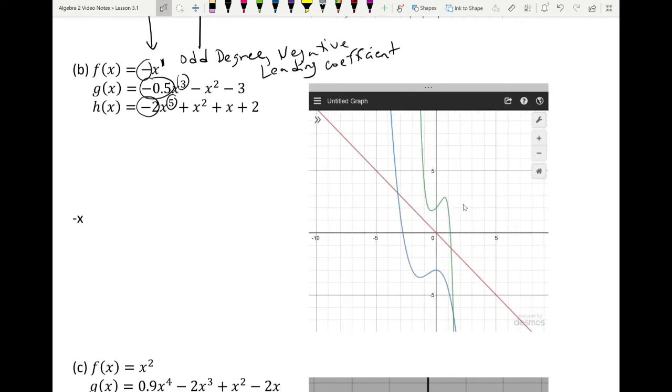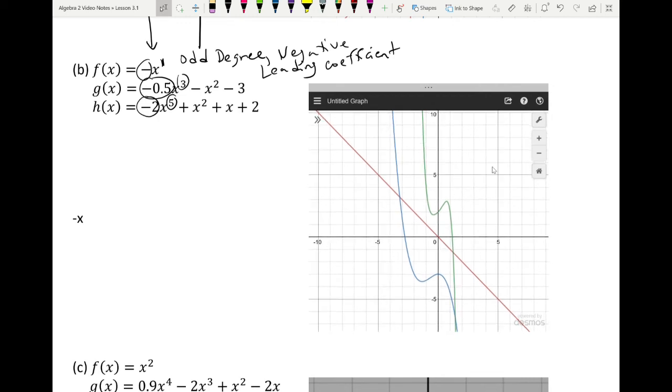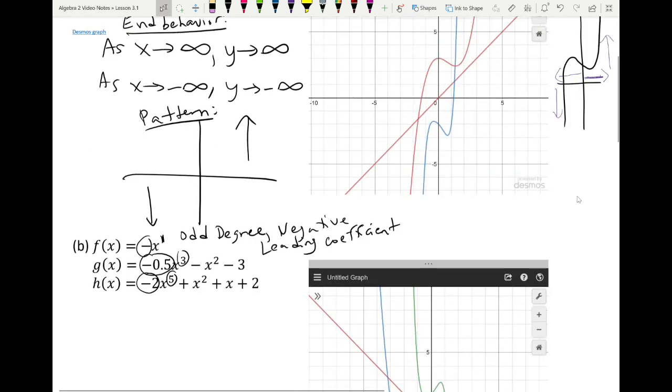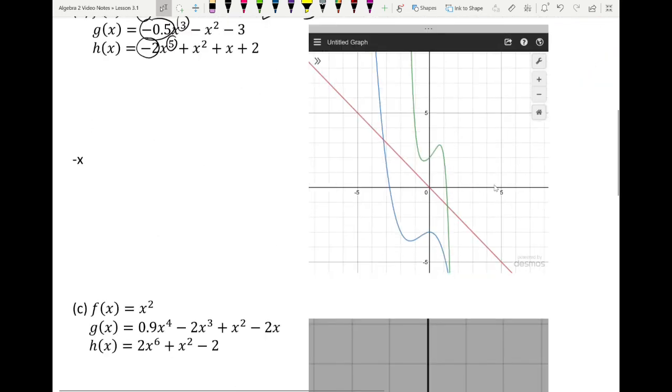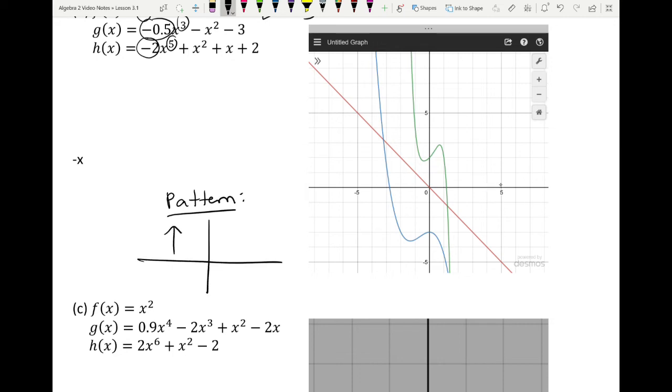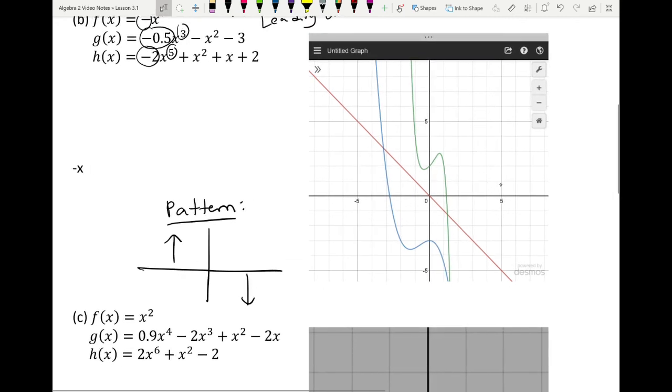Notice that the end behavior is completely opposite of what it was in the previous. In this case, the pattern seems to be it starts going up on the left side and then goes down on the right side. So let's describe the end behavior.